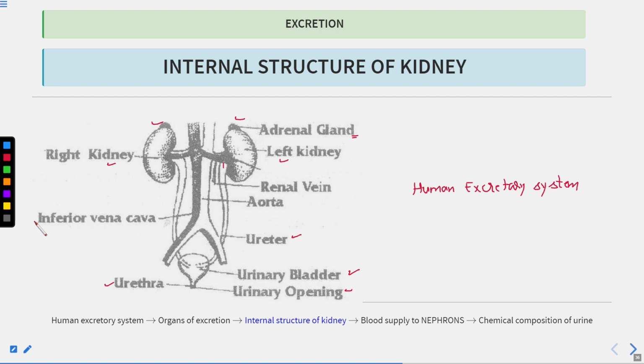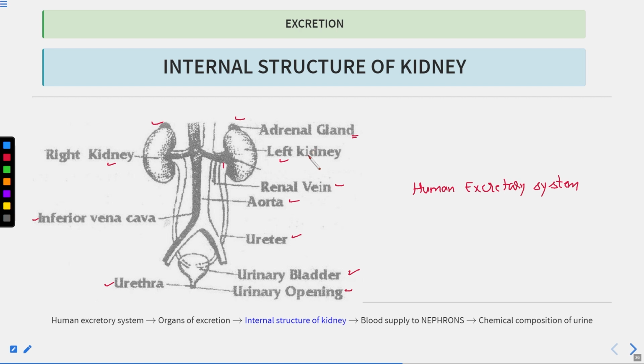And these are the other things here. Inferior vena cava. This inferior vena cava carries the deoxygenated blood, whereas the aorta carries the oxygenated blood. Here you can see the renal vein. This renal vein comes out of the kidney.